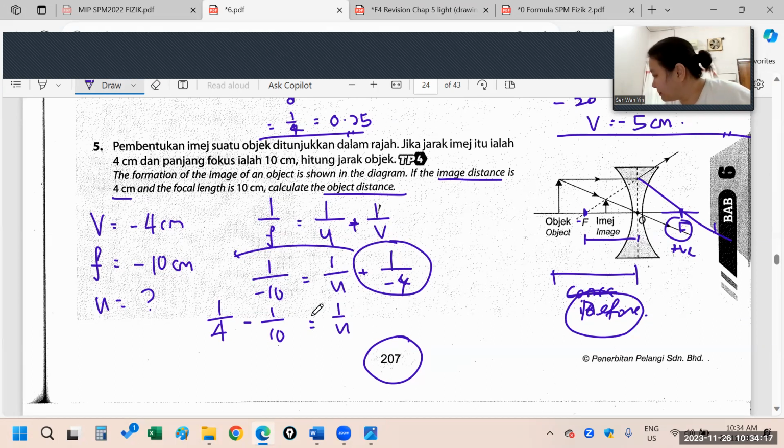Okay, so you will get, calculator. Okay, 0.15. I'm sorry, I think I did something wrong.